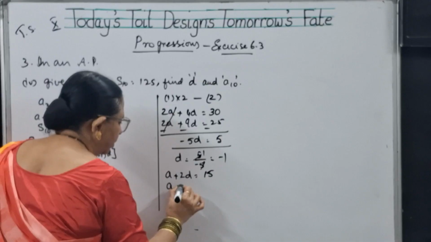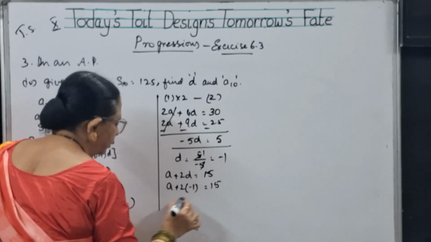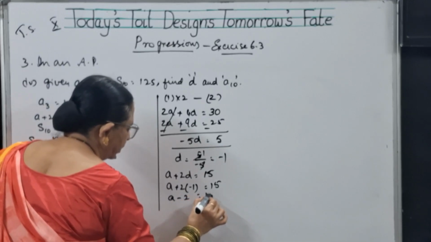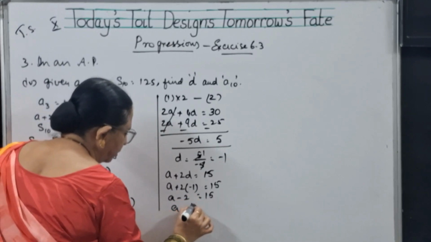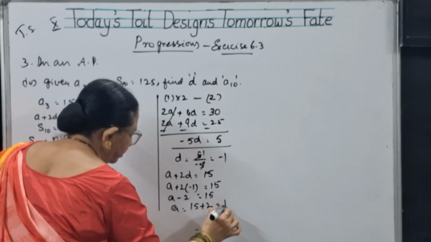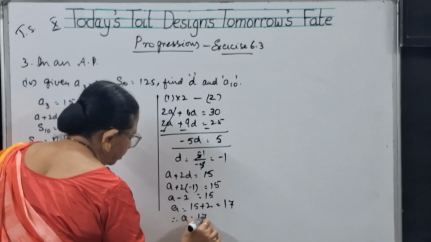So a plus 2 into minus 1 is equal to 15, that is a minus 2 is equal to 15. So what is a, children? 15 plus 2, that is 17. Therefore a value I have got 17.